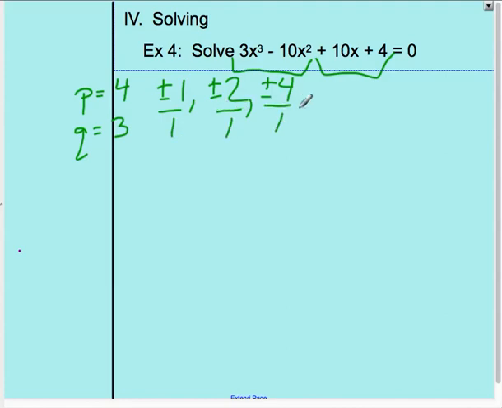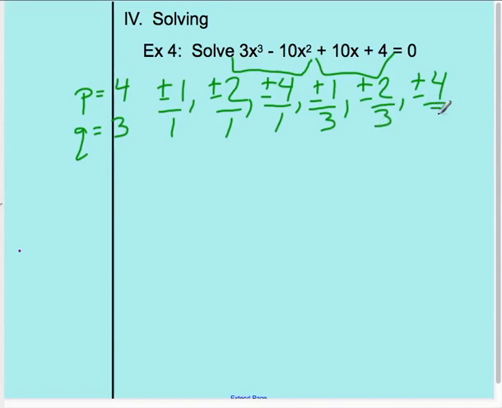So we've got all those integers to try. Sorry, trying to write too fast. That should be a minus sign. So I'm rewriting the factors of p because my second factor of q is 3. So those are all of my possibilities for rational roots.